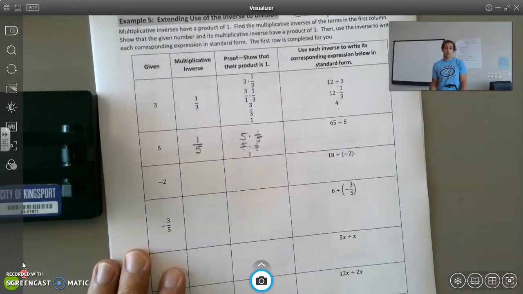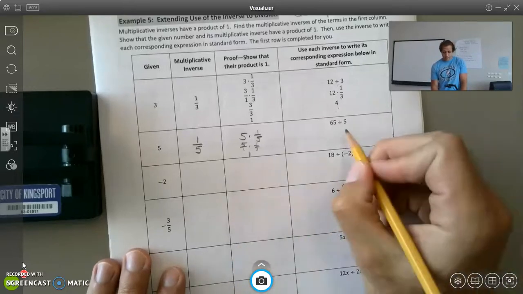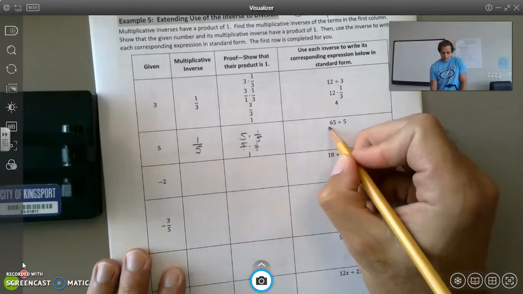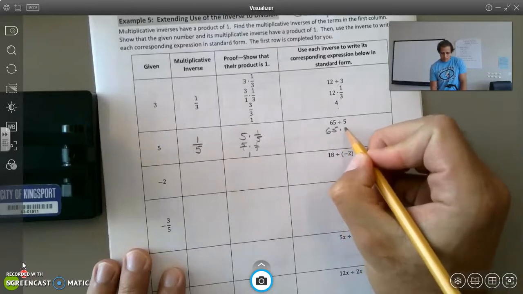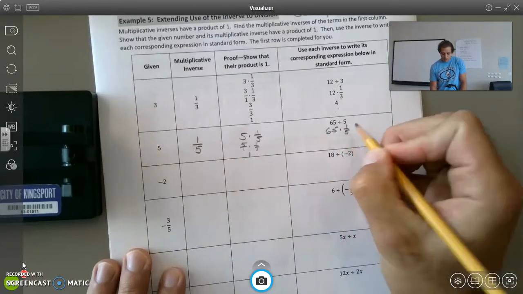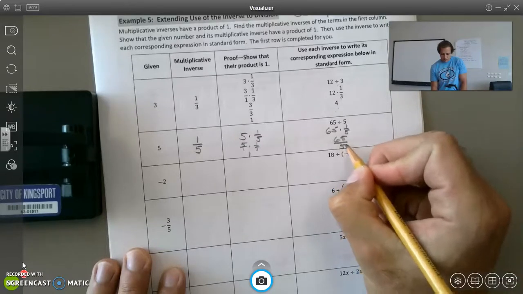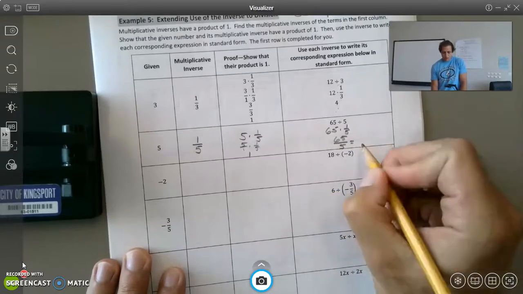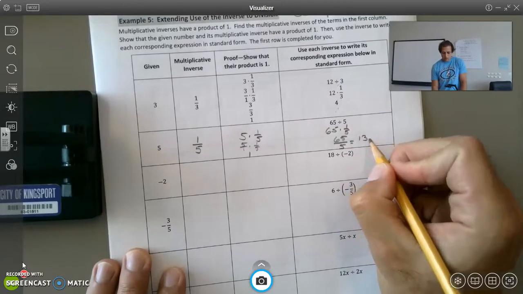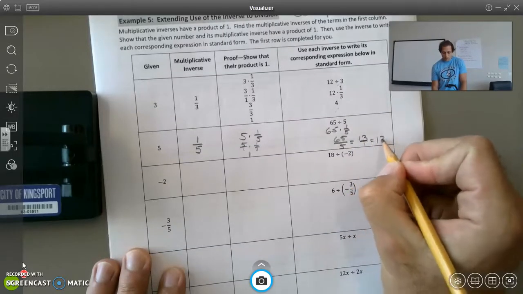To prove that you have a multiplicative inverse, you would show that it creates 1. 65 divided by 5, that's the same as saying 65 times 1/5, which would be 65 over 5, which is equivalent to 13 over 1, or 13.